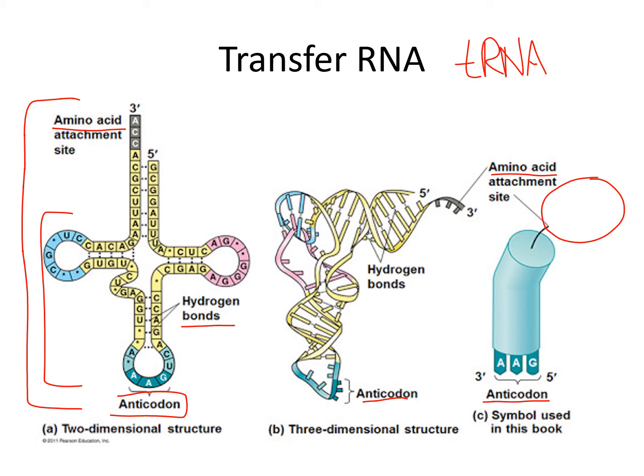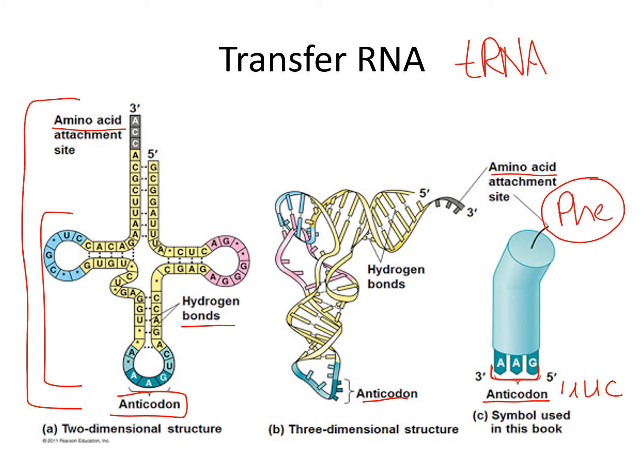So if this anticodon is AAG, that means it can bind complementarily to the codon on the mRNA that is UUC. So this is the tRNA that's going to bind to the codon UUC. And the amino acid that is encoded by UUC, if you look on the genetic code, is phenylalanine, PHE.